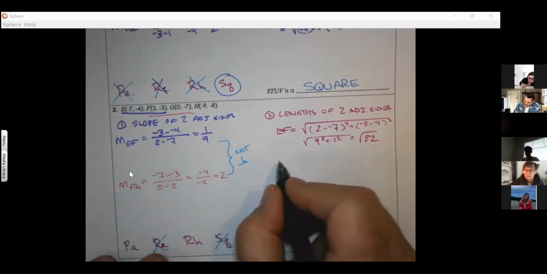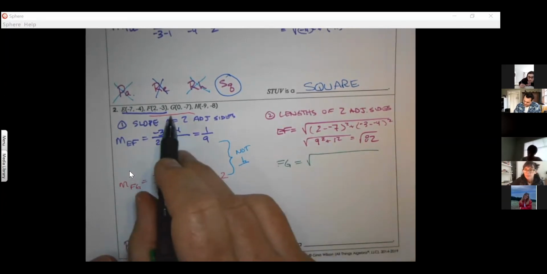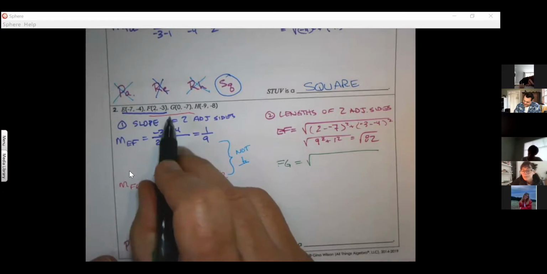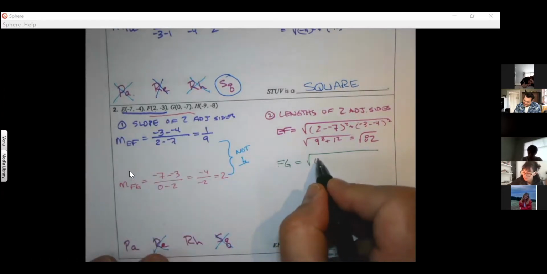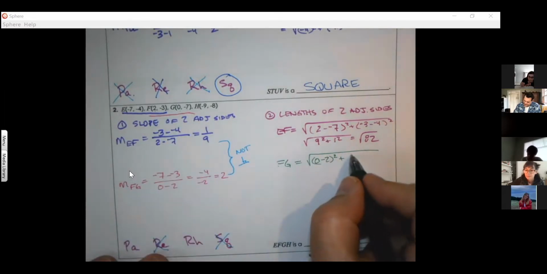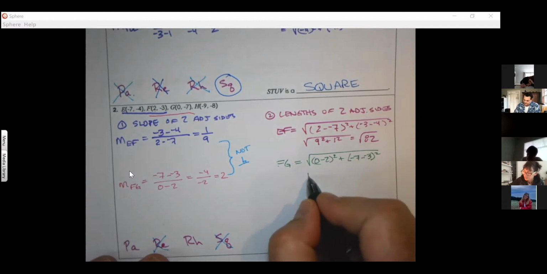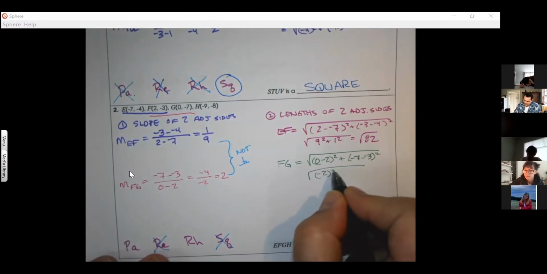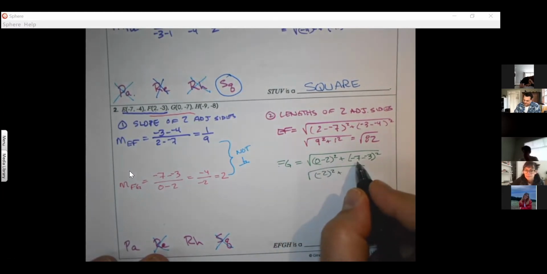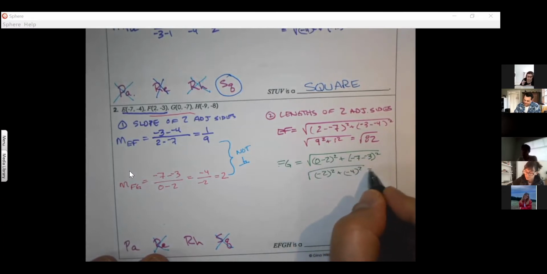And then I need to find this length, FG. I'm going to take the difference in the x's, 0 minus 2, squared, plus the difference in the y's, -7 minus -3, squared. -2 squared plus -7 plus 3 is -4 squared.